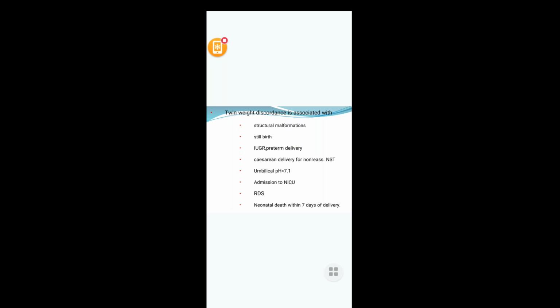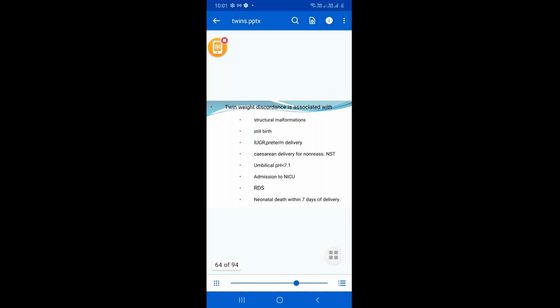So when you have diagnosed weight discordance, immediately think of structural malformations, stillbirths, IUGRs, and preterm deliveries, which might result from all these things.